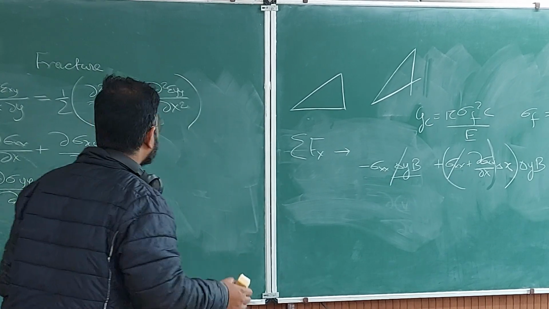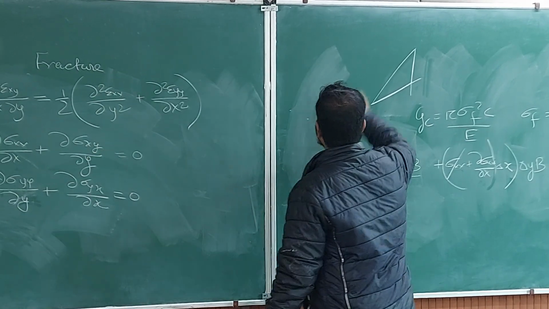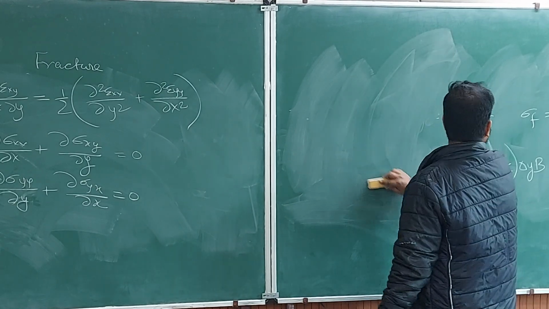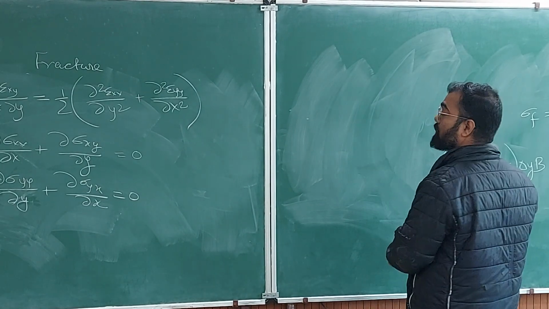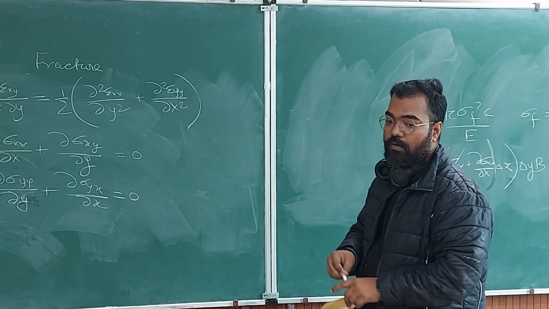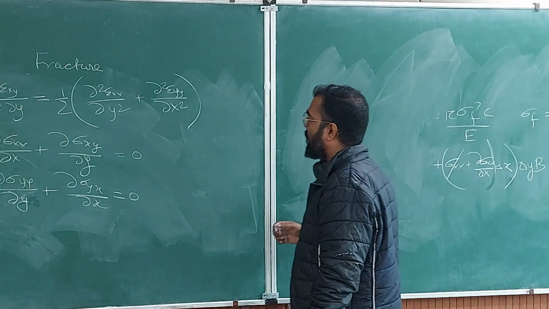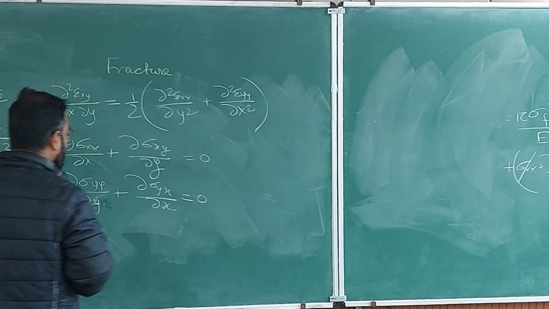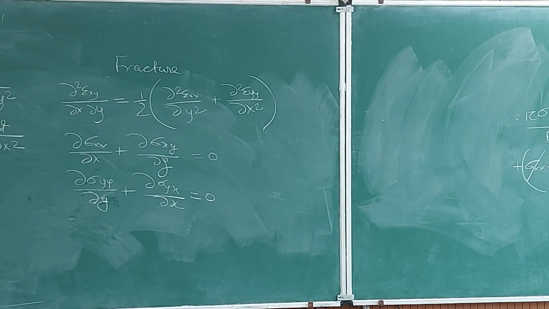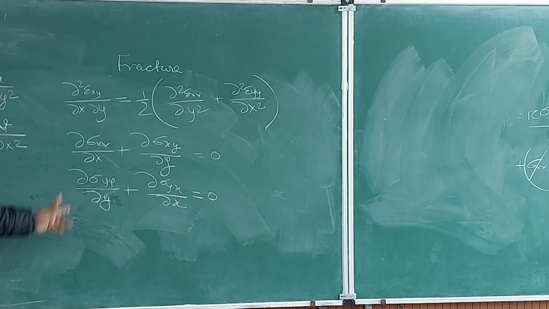I have 2 minutes. In those 2 minutes, what are my force balance equations? Where are they? Here, no? So can you tell me a function, if it's a weird function which I take, for which these equations are satisfied?